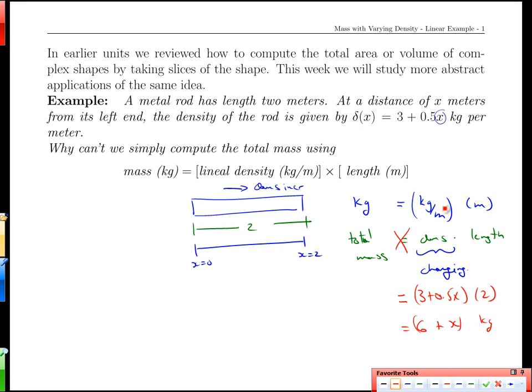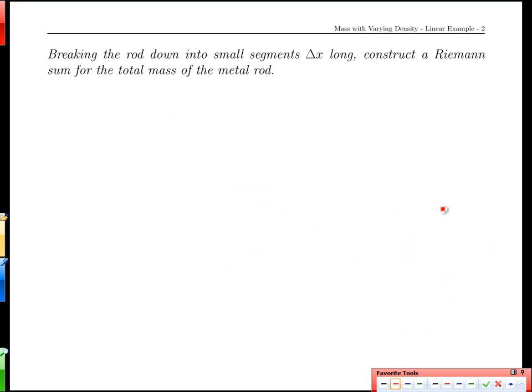So what are we going to do instead? Well, we have a tool in our toolkit that was perfect for this application here. What we're going to do is take our metal bar and recognize that that idea of kilograms per meter times meters works really, really well if the density is constant. So again, we have our density here times length.